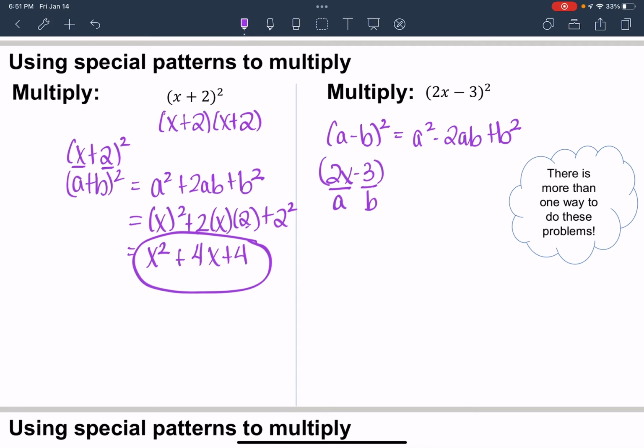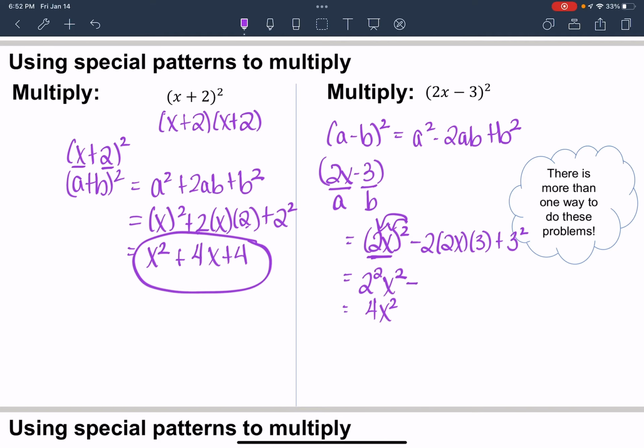When I write this out in the formula, this is going to be 2x squared minus 2 times 2x times 3 plus 3 squared. Remember, when I have something inside of parentheses being squared, that squared goes to both parts on the inside. So this is not just 2 times x squared. This is 2 squared x squared, which is the same thing as 4x squared. So be careful on that.